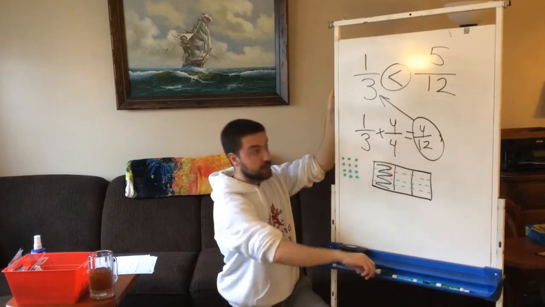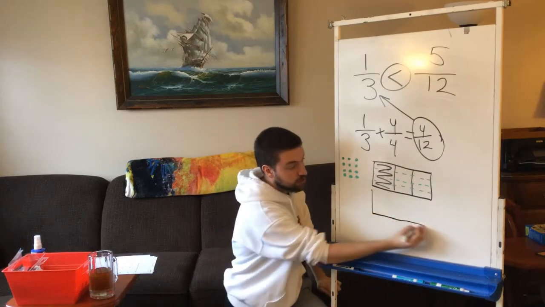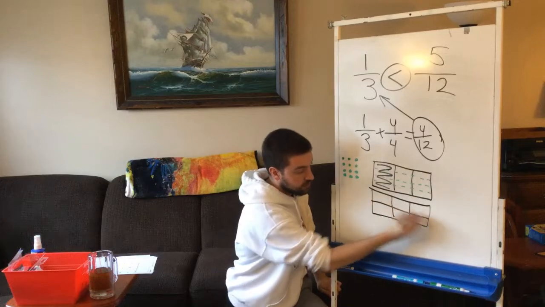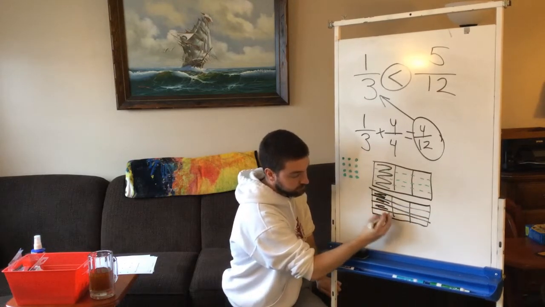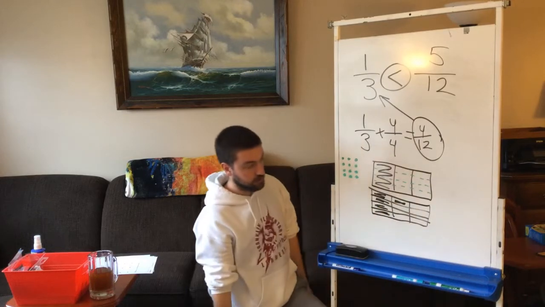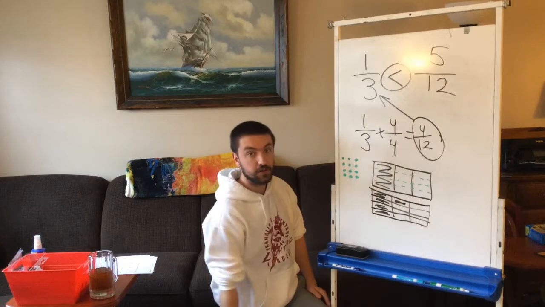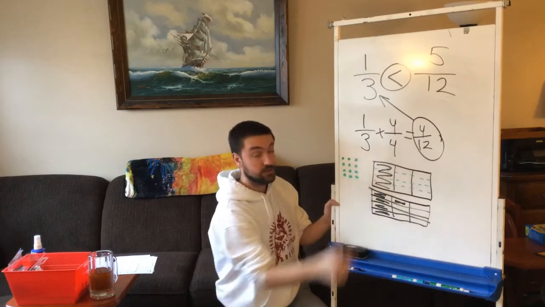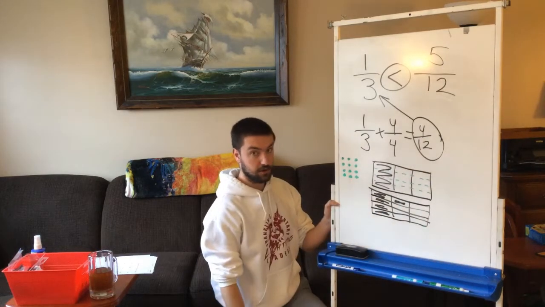Now to compare it to 5/12, I can draw this same picture down here using the 12ths and color in 5 of them. Oh, well, look at that. It goes farther than this one, which means that this fraction is bigger than this fraction. And this is how we show it with an area model.